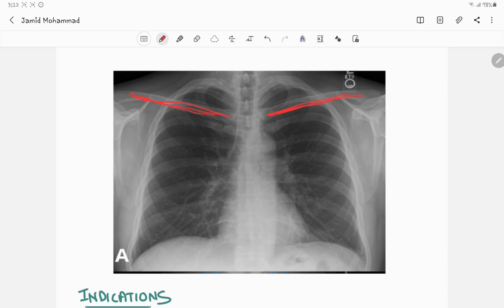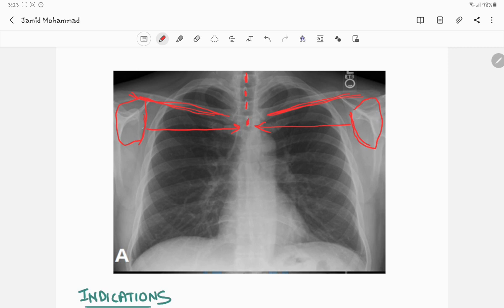And the distance between the medial side of the scapula on both sides, right and left, and the spinous processes should be equal. If we can see here, this is the medial side of the scapula on the right side, and this is the left scapula's medial side, and these are the spinous processes of our vertebral column that we can see on this X-ray.